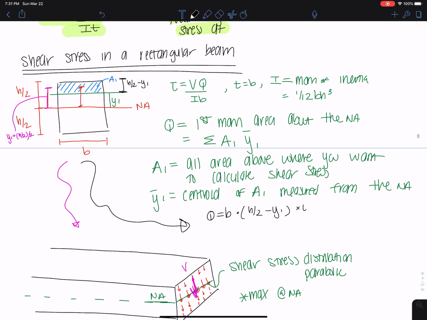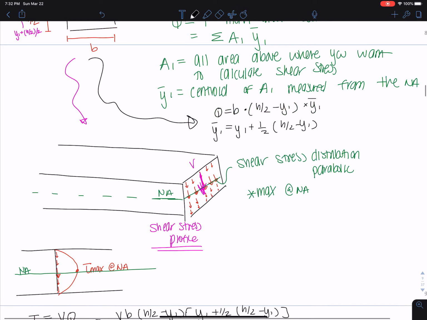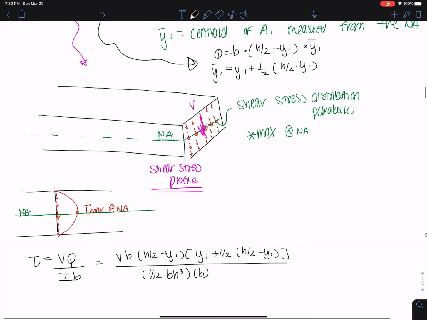And then times Y1 bar, right? And how do we get Y1 bar? Y1 bar is equal to Y1 plus 1/2 of H over 2 minus Y1, because Y1 bar is the distance from this point to the neutral axis here. That's what we had already solved for, and that's basically what we plugged in here for Q.